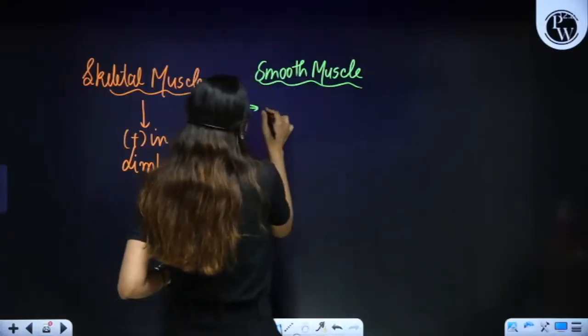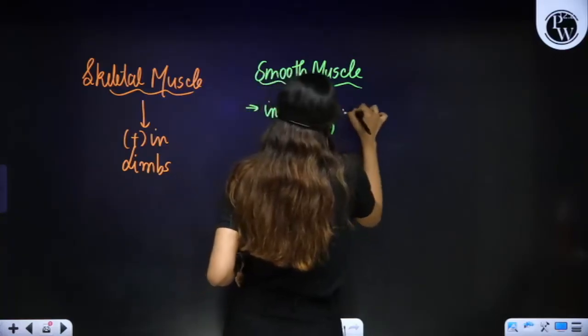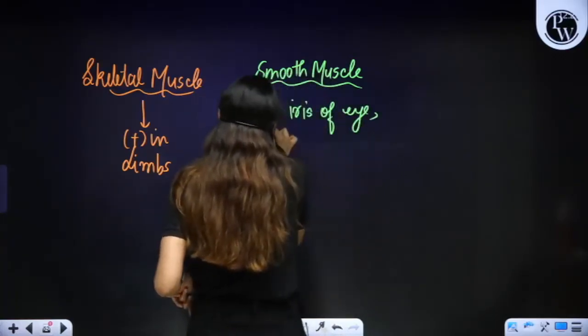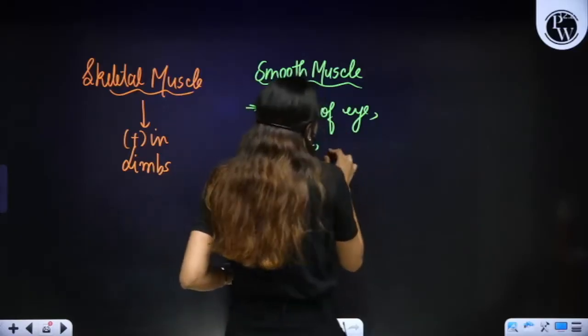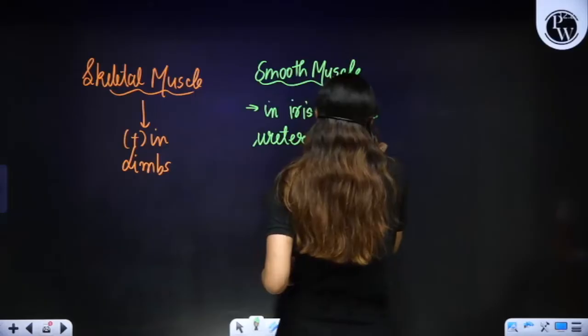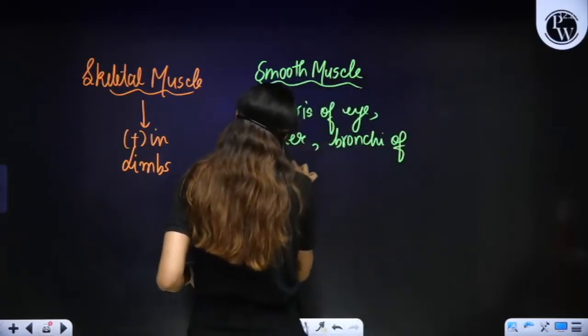So basically we can mention it is present in the iris of the eye, the ureter, which is a part of your excretory system. Then we can say it is also present in the bronchi of the lungs.